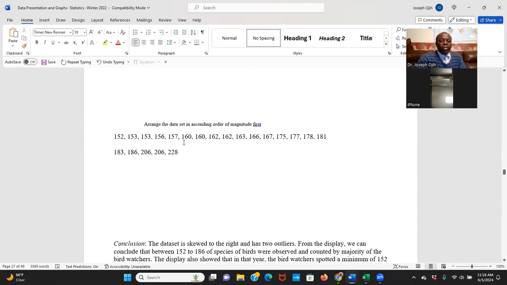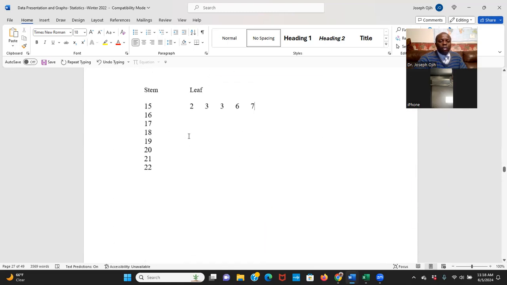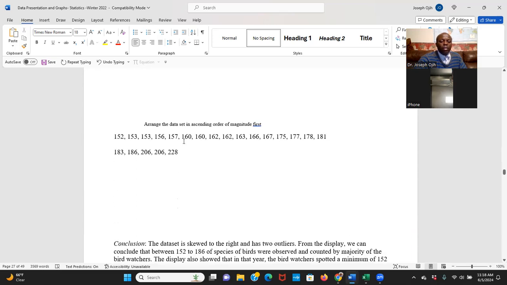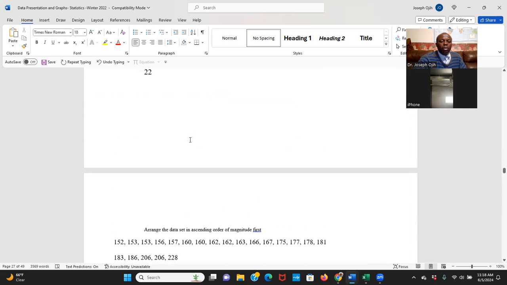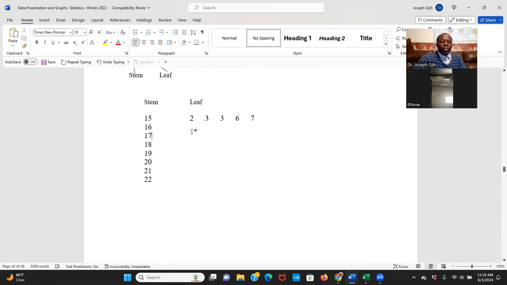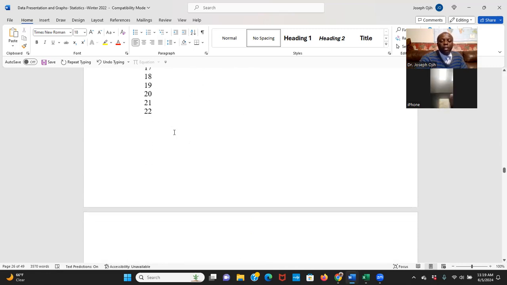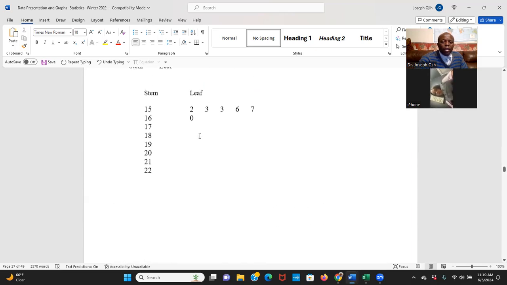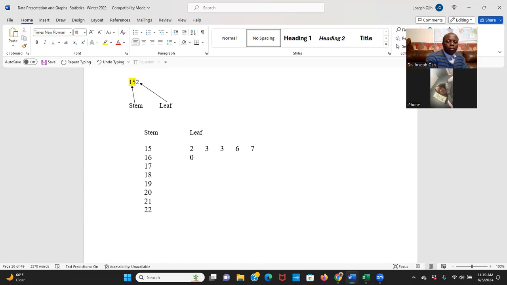The next one is 16. We have 16 here already. So 160 means 16 and 0, and there are 2 of them that have 160, so again 0.